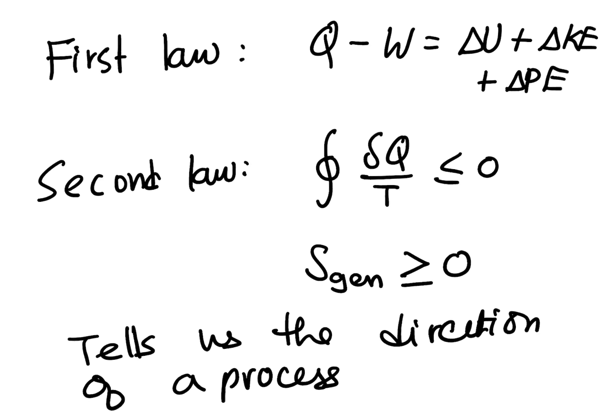Only processes for which the entropy generation is more than or equal to 0 are possible, and the remaining are impossible processes. And we'll use this principle while solving problems.